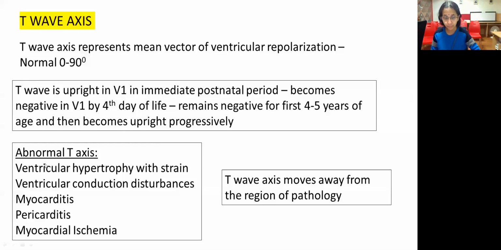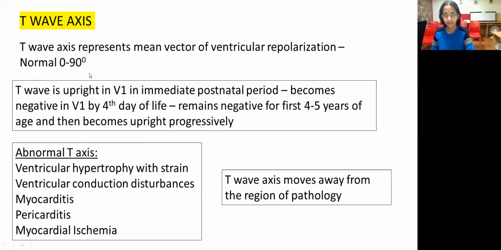And when do I see an abnormal T axis? When I have a strain in the myocardium. So with any ventricular hypertrophy with strain, I'm going to have an abnormal T wave axis. Or if I have myocarditis, pericarditis, myocardial ischemia or conduction disturbances, then I have a T wave axis which is abnormal.